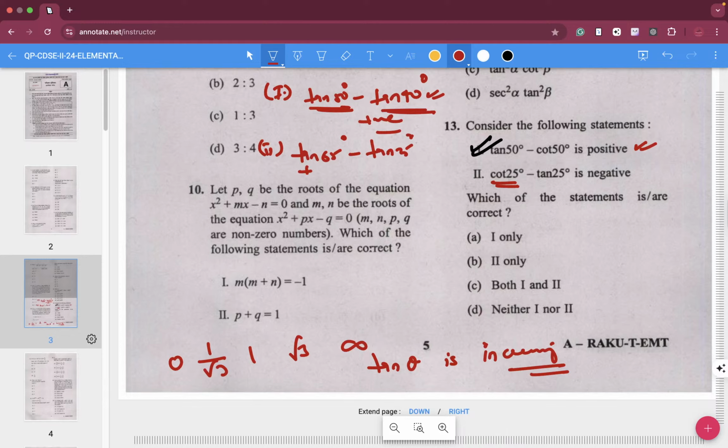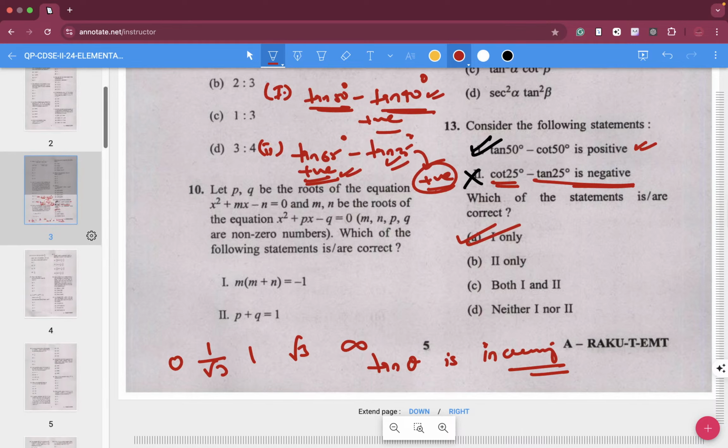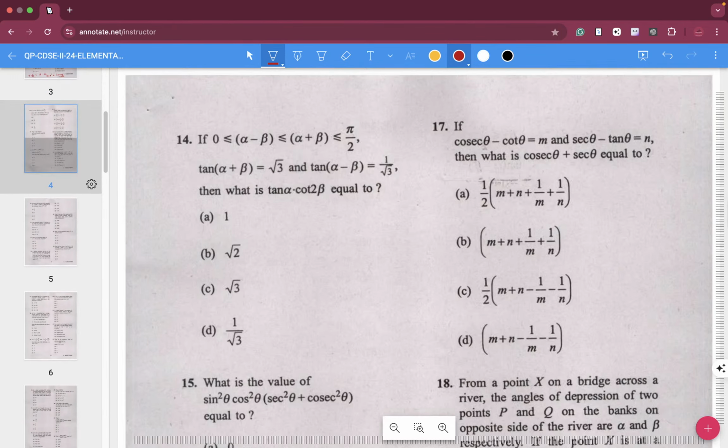Now this is obviously a bigger value than tan 25, so if you solve for this you will get a positive value. But what they have given is negative, so this is not the correct answer, folks. So for question number 13, we'll go ahead with option A as the answer. We have a few more interesting questions coming in, folks, just hang on.